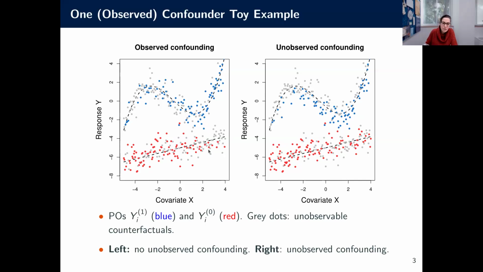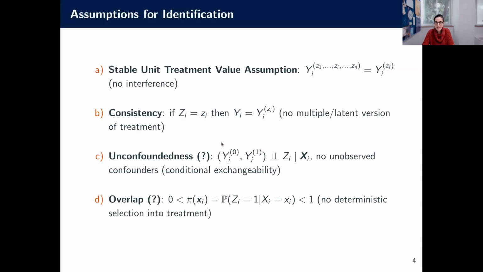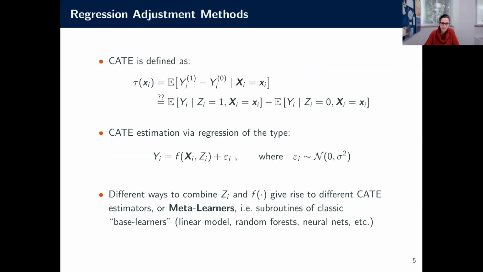If I didn't have any red points here, and my whole aim is to learn the difference between these two average curves, anything that I do here with the red is extrapolating. I have no idea. So overlap is another important assumption, but the good thing is that if it's violated, you can see it because you can look at the data, or you can estimate this probability.